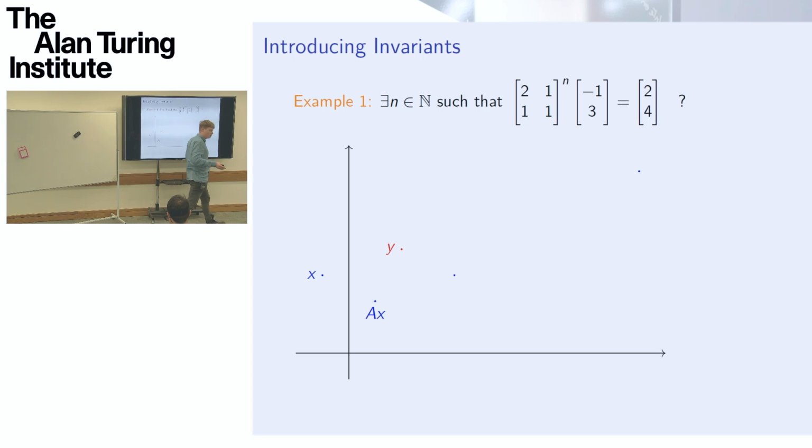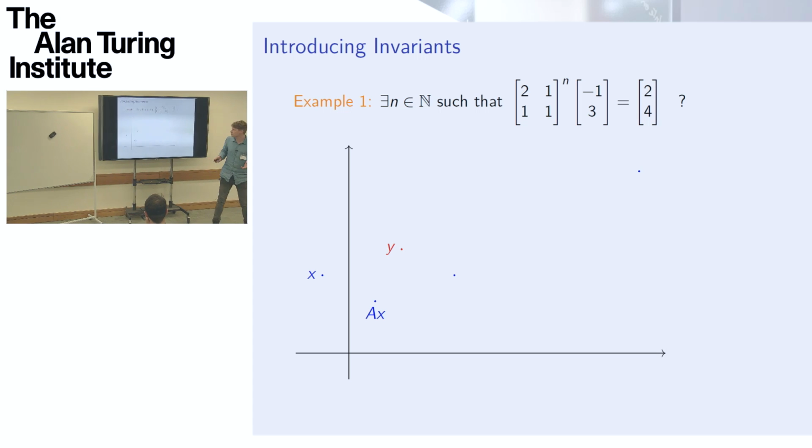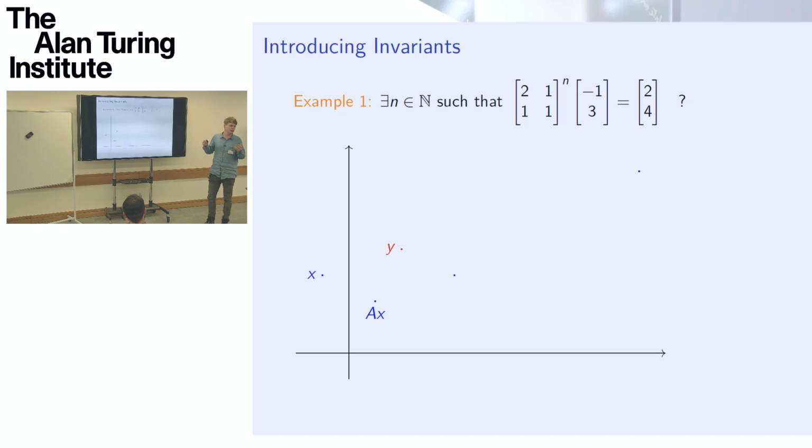But my point is not this. My point is, what about invariants? So what's an invariant? An invariant is just a set such that when you apply your function to any point of the set, you remain in the set. So what could be a way, in this case, of showing that y is not in the orbit? Well, the intuitive way is to say that at some point we get big, and then we remain big in norm.